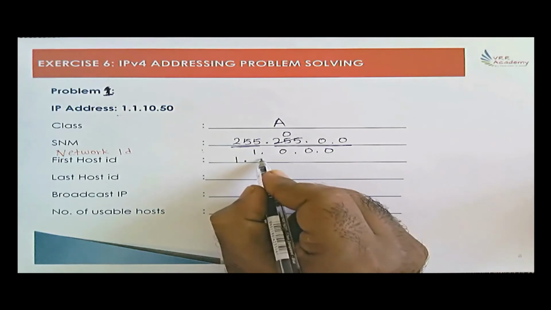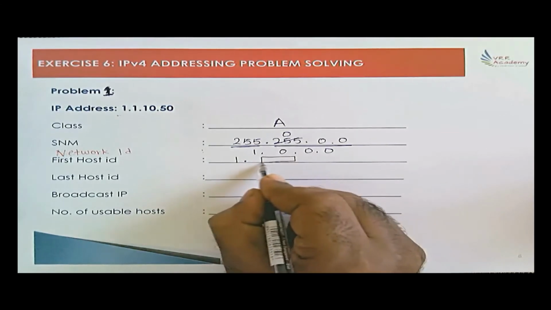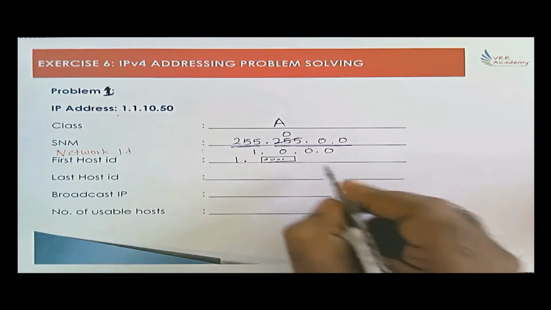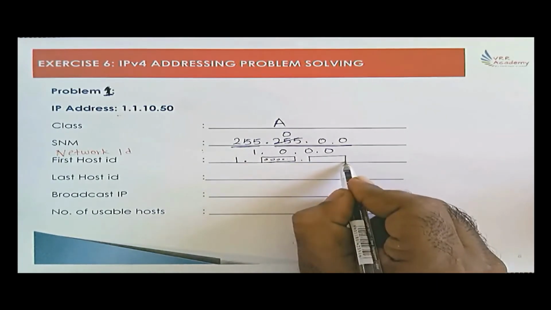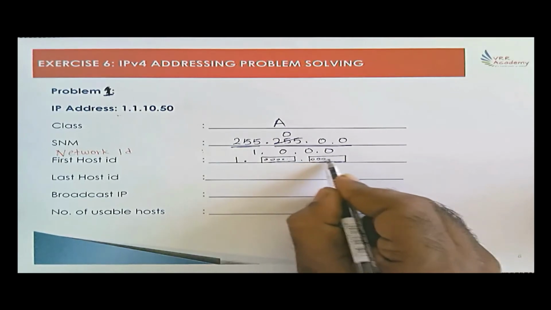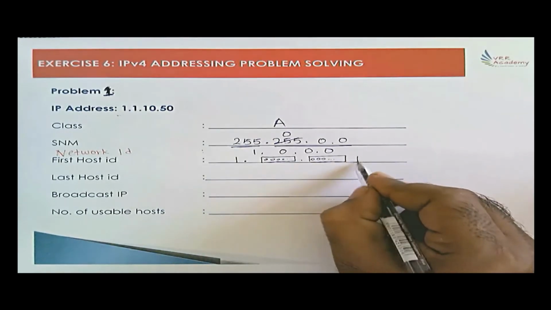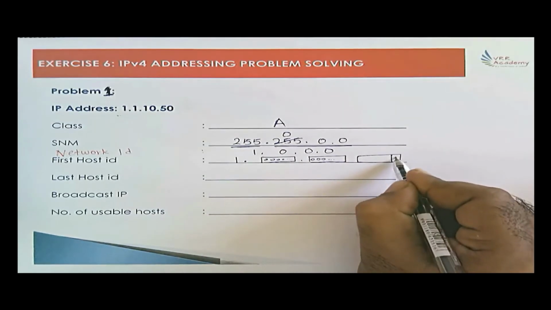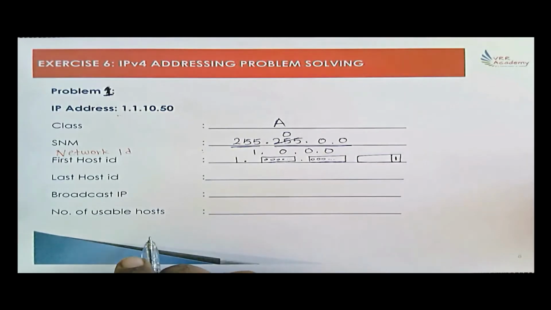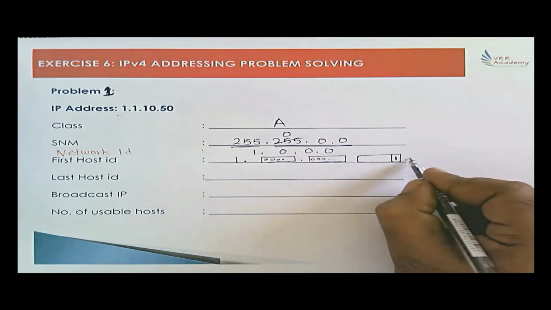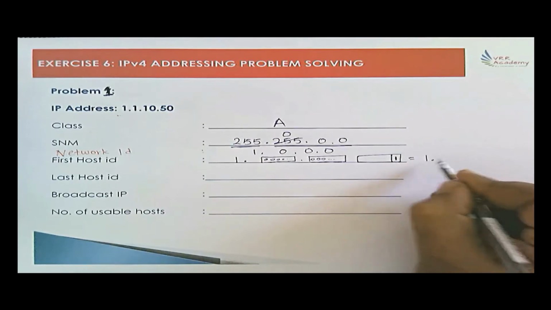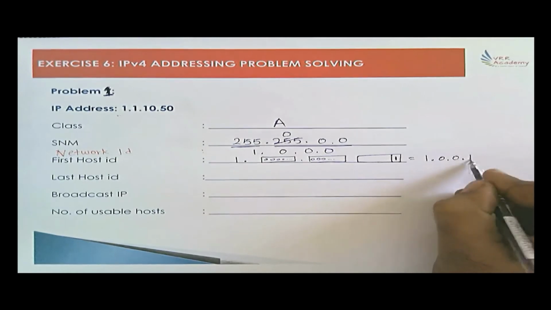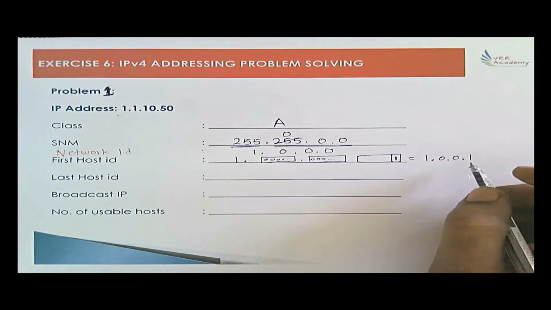So the second octet, the third octet, all 8 bits are zeros, and in the last octet I make the last bit 1. So this is the first host ID. If you convert this into decimal, you get 1.0.0.1. This is your first host ID.